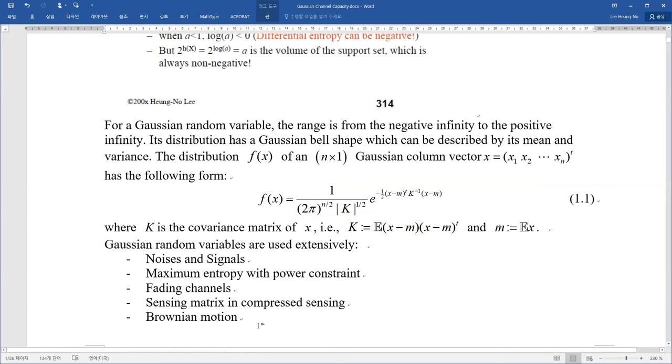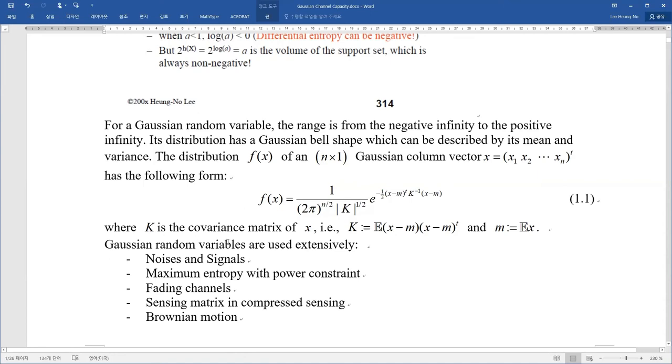Basically, Brownian motion is the integration of Gaussian random variables, and it can be used to describe particle movement inside a box, or stock market volatility, things like that.